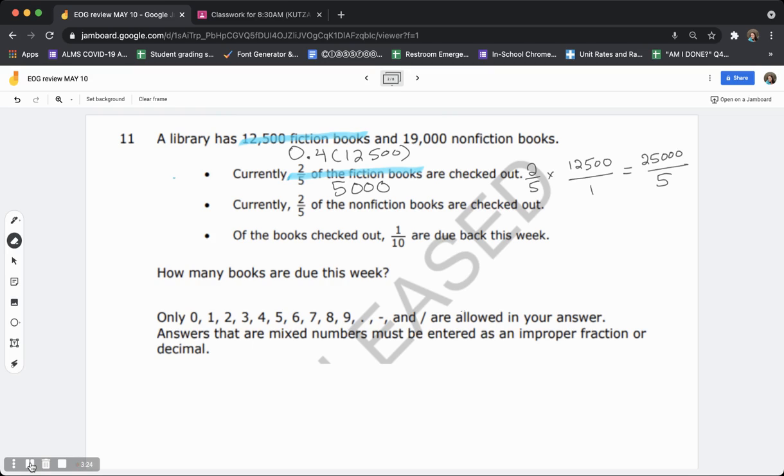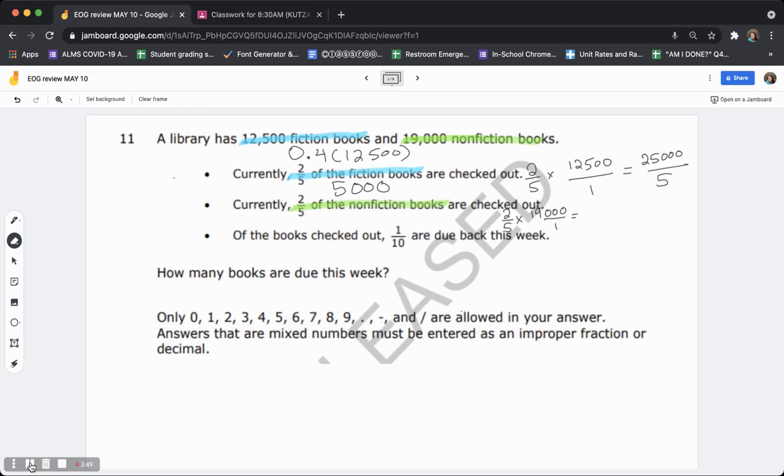Our second bullet point tells us that 2/5 of the non-fiction books are checked out, and we know that there's 19,000 non-fiction books. So I'm going to do the same exact thing here. I'm going to take my fraction 2/5, and I'm going to multiply that by 19,000. Again, I'm going to set that over 1 because it's the whole number.